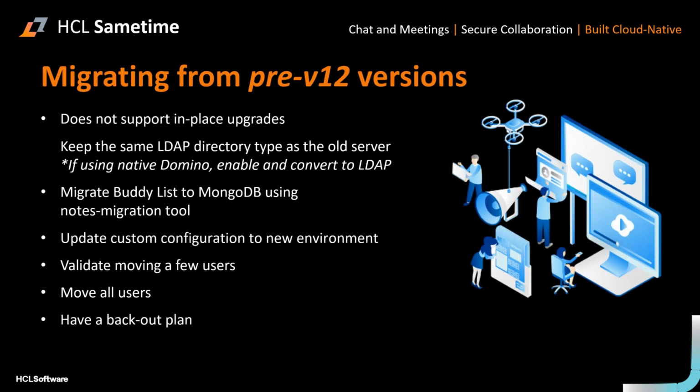So basically, from pre-12 versions up to this 12.0.2 FP2, we don't support an in-place upgrade. You're going from a Domino-based system to a system that doesn't require Domino or any of its underpinnings.